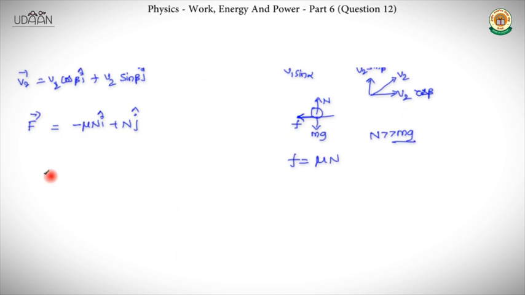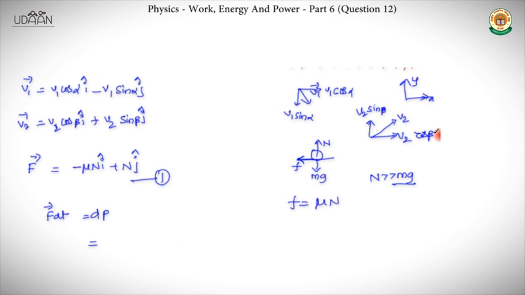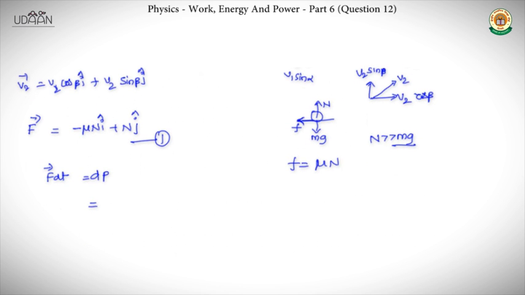And we know instantaneous change in momentum is equal to force into dt, by Newton's second law. So from this, let us name this as equation 1, and from v1 and v2 we can get dp.